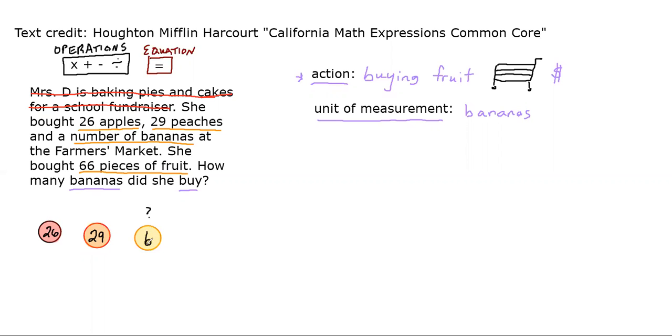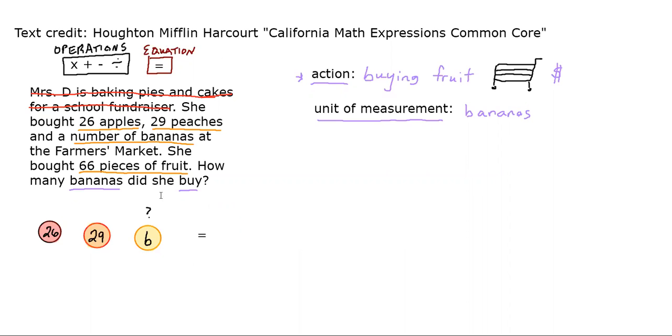So I'm going to write B. I also want to put an equal sign somewhere near my problem because I'm going to figure out the equation for the first step of this multi-step word problem. And equations always contain an equal sign.